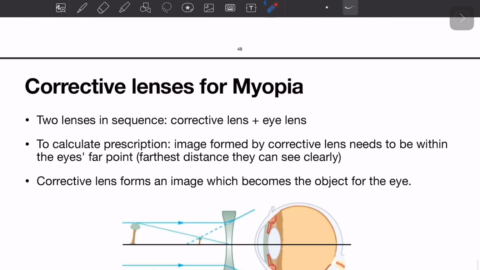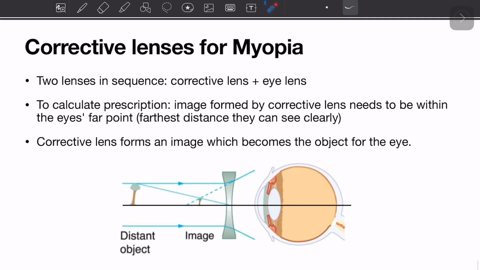Let's do a calculation. And before we do a calculation, let's just talk about what this diverging lens effectively is doing to the object and then the image your eye looks at. So let's say we have a distant object at some distance far away.